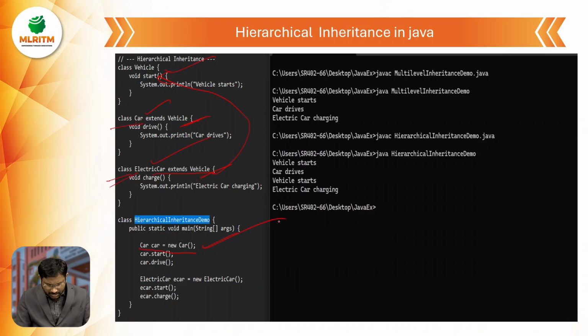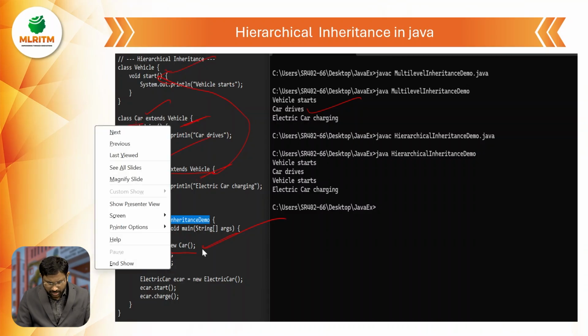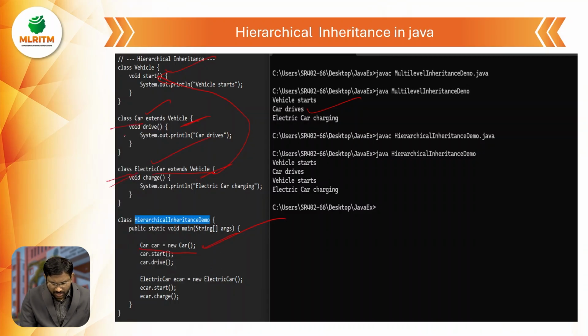Here car.start: start is already in the parent class, and car.drive: drive is a method in the Car class. So we get "Vehicle starts" and "Car drives", because start is in the parent class and drive is in the Car class.